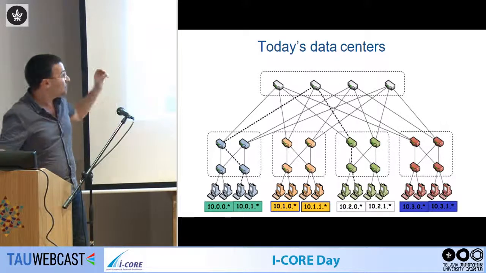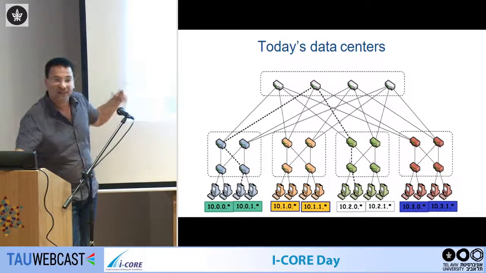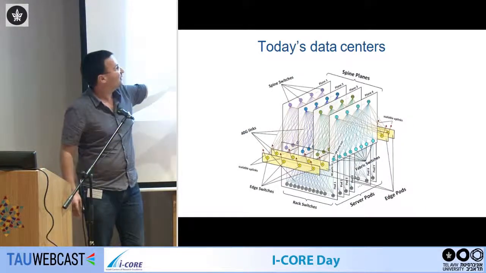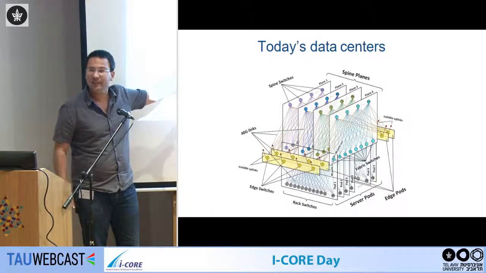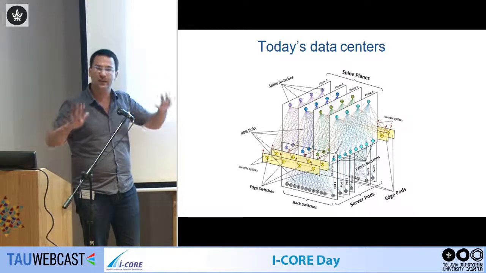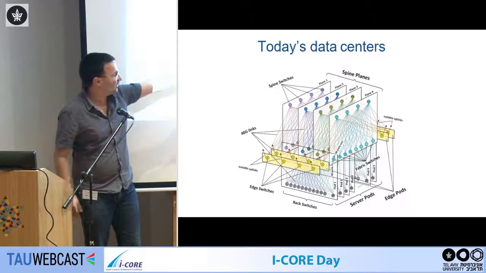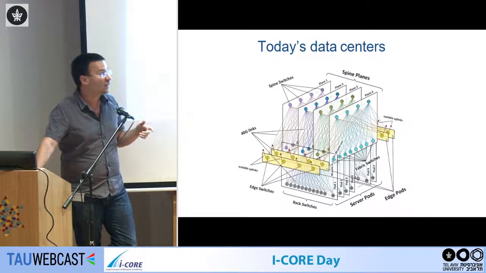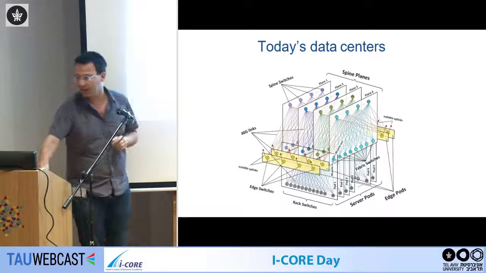It may not be as simple as this. This is a diagram of Facebook's data center, but the high-level idea is the same. It's a multi-rooted tree that is designed in complex ways, perhaps to address cabling concerns, et cetera, but this is the high-level concern.